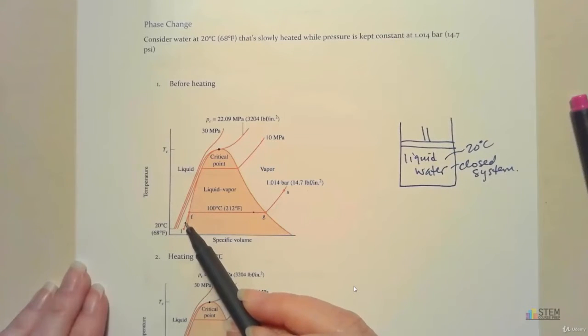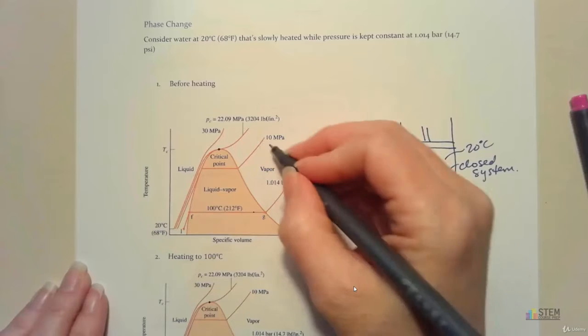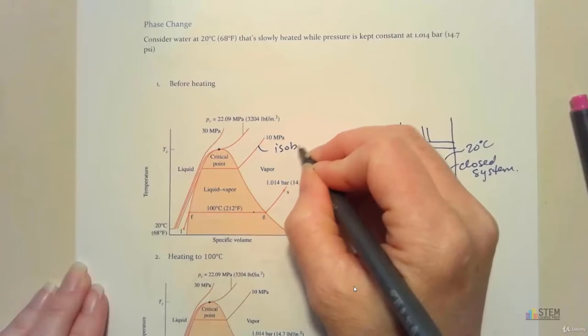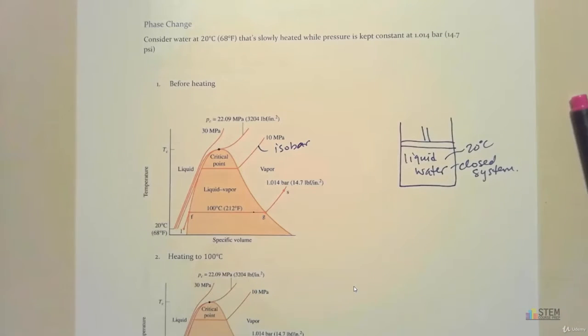The pressure at any point on this line is going to be 1.014 bar. This is a constant pressure line, also called an isobar. You've probably heard of isobars if you've watched the Weather Channel, because they always talk about the isobars. So an isobar is just a constant pressure line.